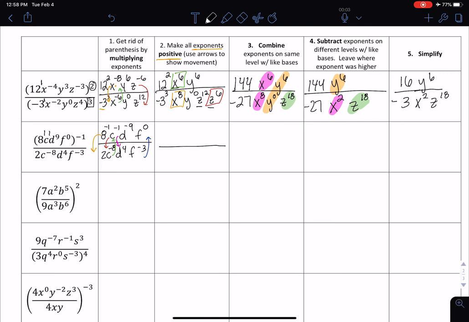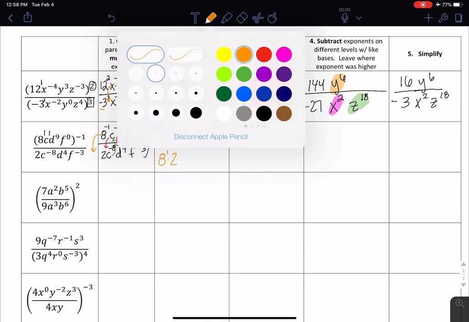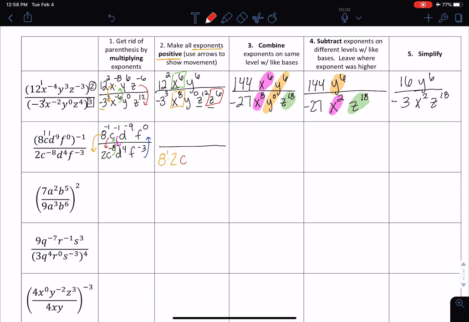Okay, now to show the answer once everything's moved. Okay, here's my fraction. The 8 moved down with the 2. The C moved down. And the D also moved down. The F stayed up.